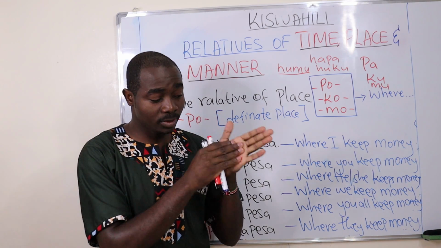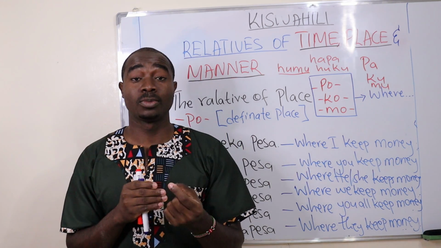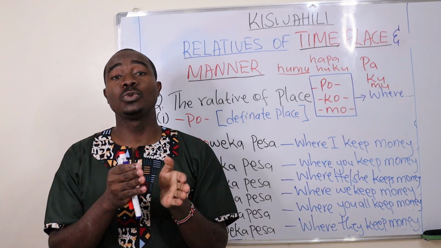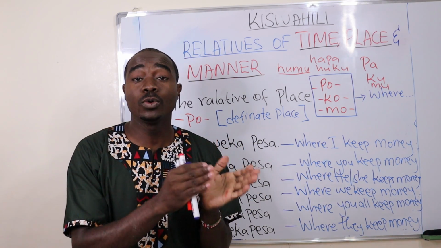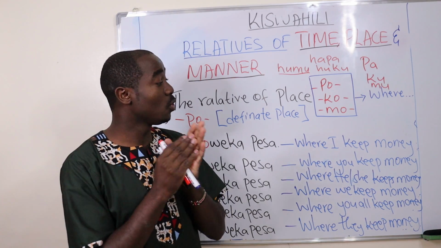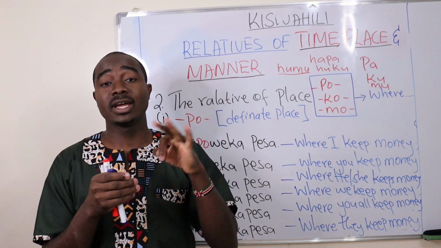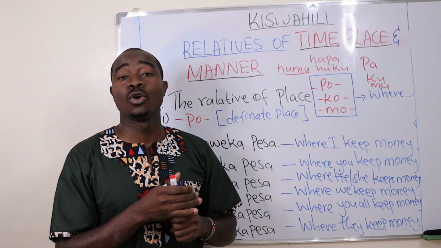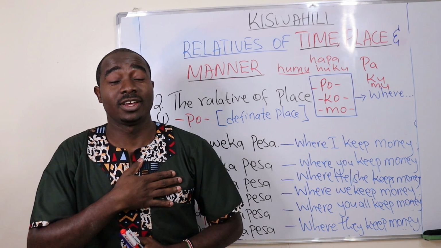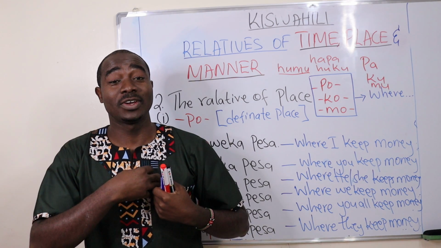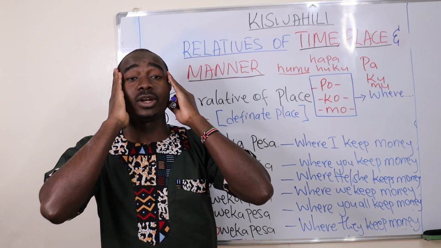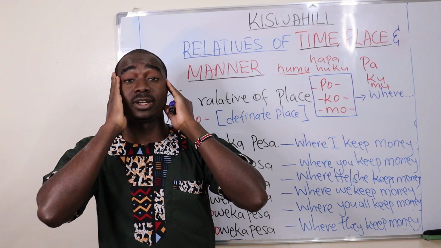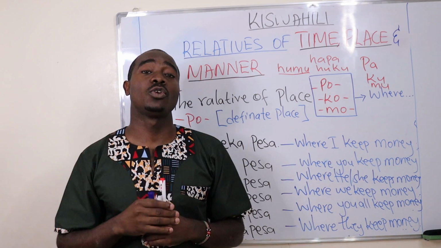Chumba is a room. Inside the room is chumbani. We say humu chumbani, inside here in the room. Humu moyoni, inside here in the heart. Humu kichwani, inside here in the head.